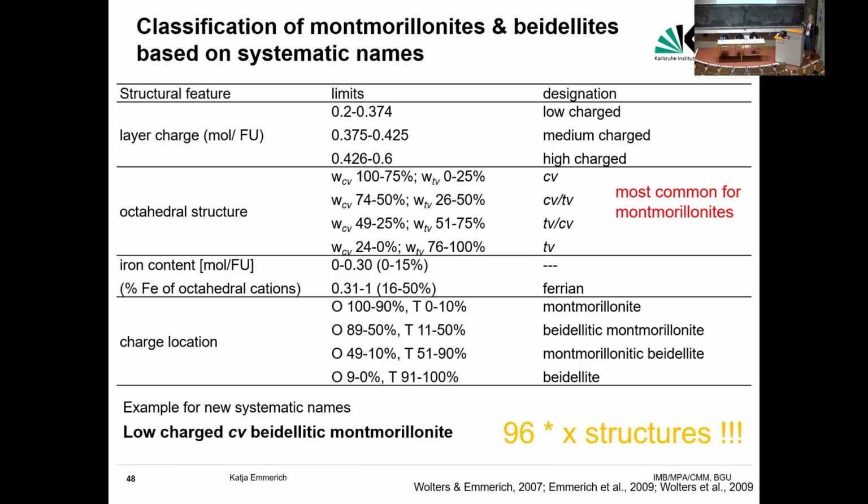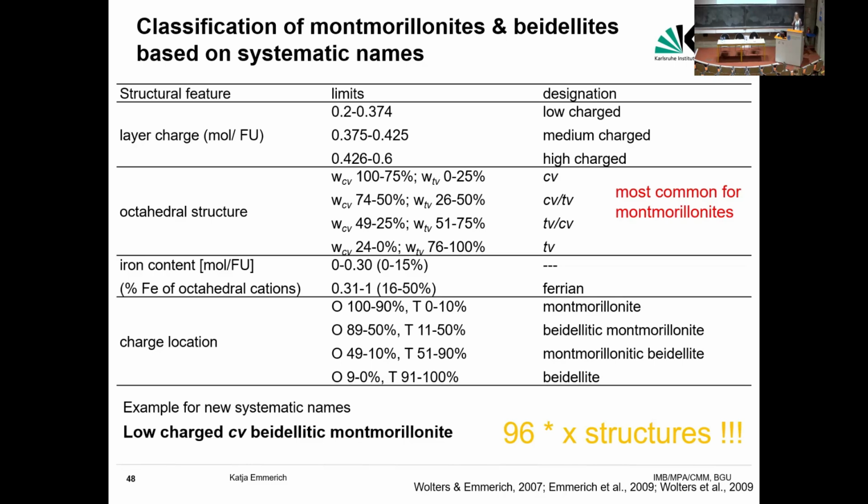Then we created a system with systematic names that already give you the information on the structure, but we now have to face the fact that there is no montmorillonite, there is no beidellite, it's a solid solution series, and we have 96 structures. And if you also consider the interlayer cations, you have to multiply this by x.